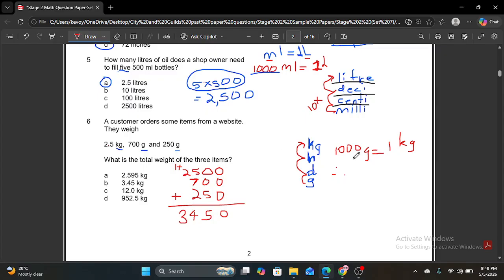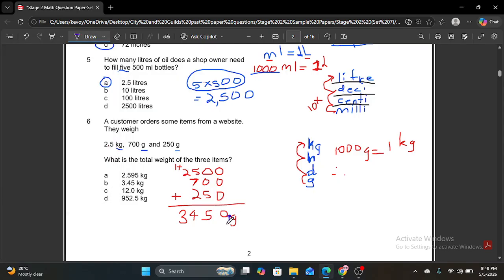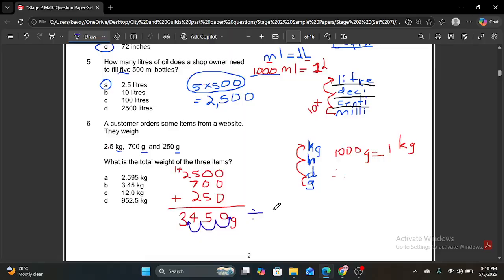Alright. Because I converted everything to grams, if we want to convert it back to kilograms, we just divide by 1,000. If we're dividing by 1,000, we simply move the decimal place from the last digit. Why?